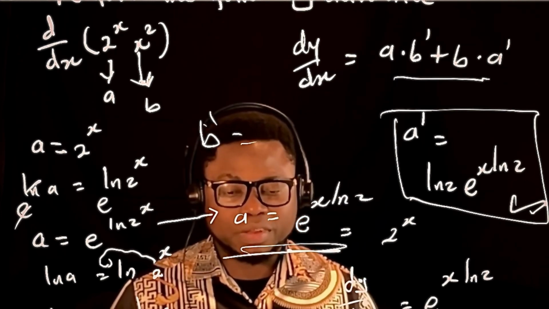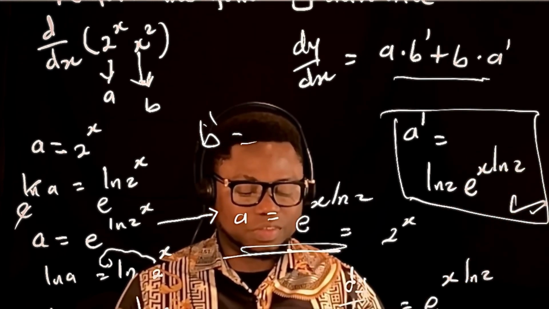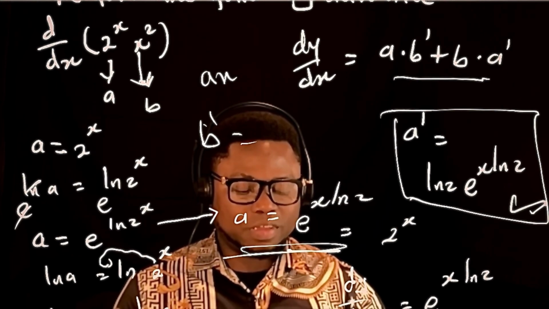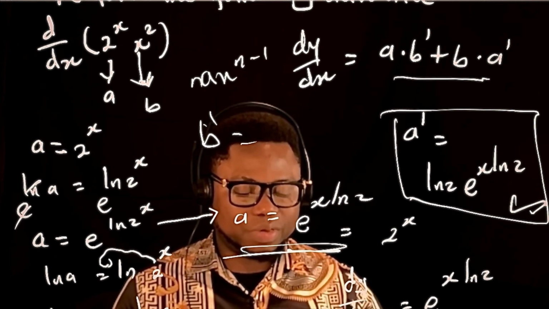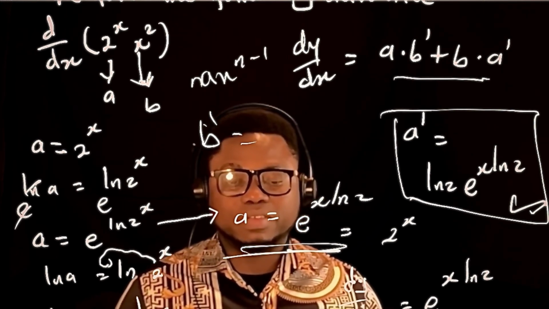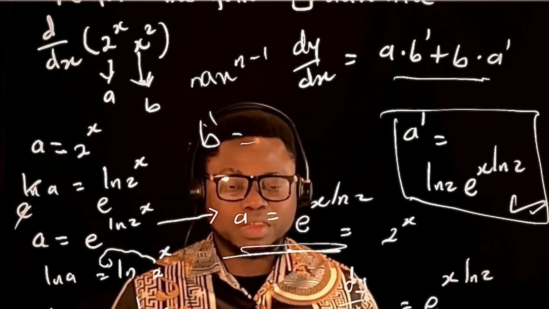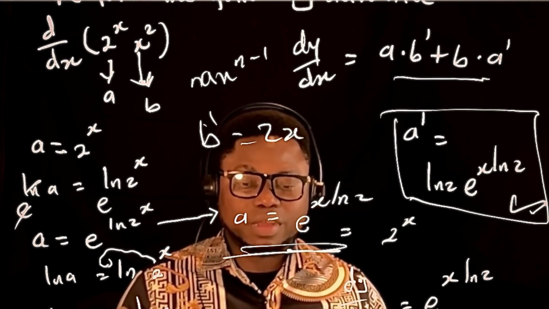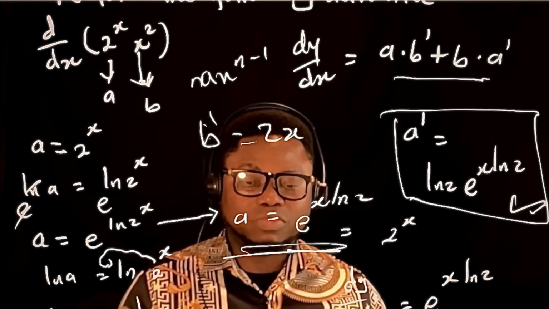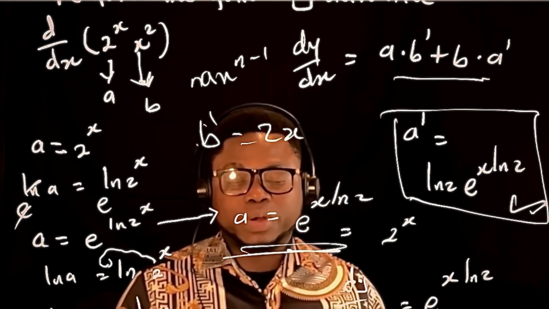That is using the general formula of differentiation, which is n a x raised to the power of n minus 1, where n is the exponent, that is the power. So 2 times x will give me 2x, and 2 minus 1 is going to give me 1. So the derivative of b, that is b prime, is 2x.